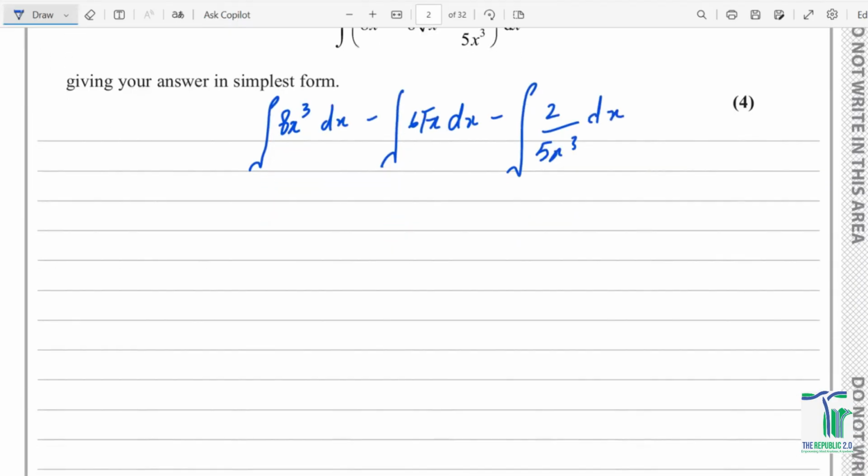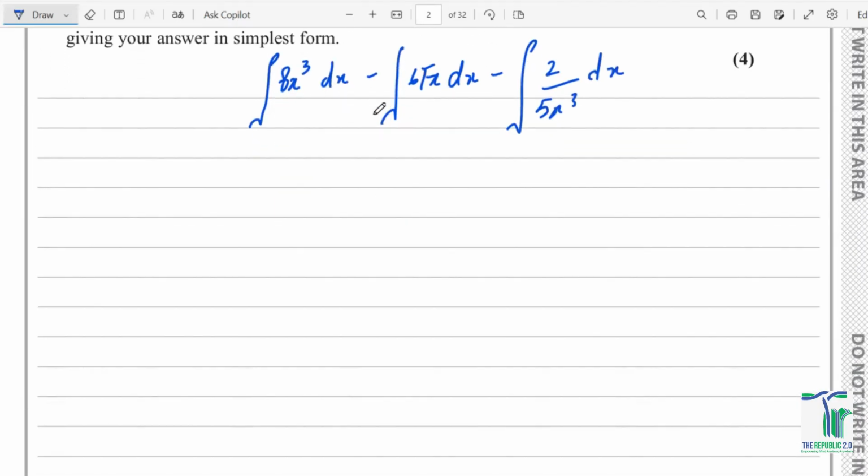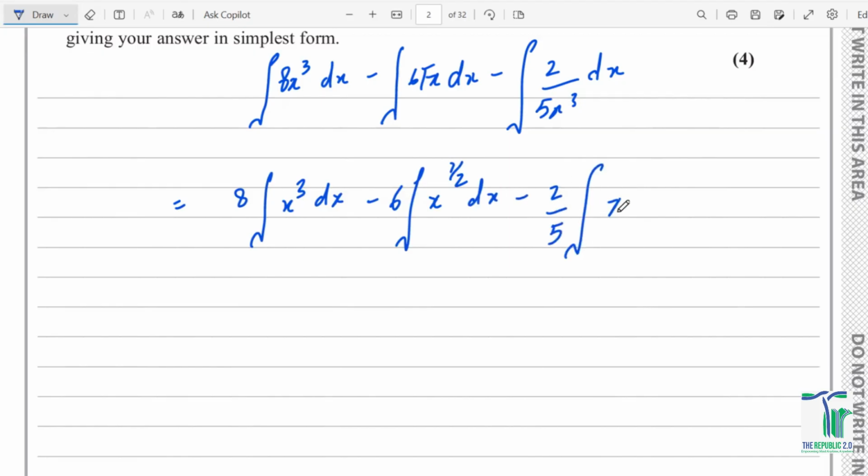Right after that, I'm going to take the constants out of the integral sign, and I would have 8x cubed dx minus 6 x to the power of 1 by 2 dx minus 2 by 5 x to the power of minus 3 dx.